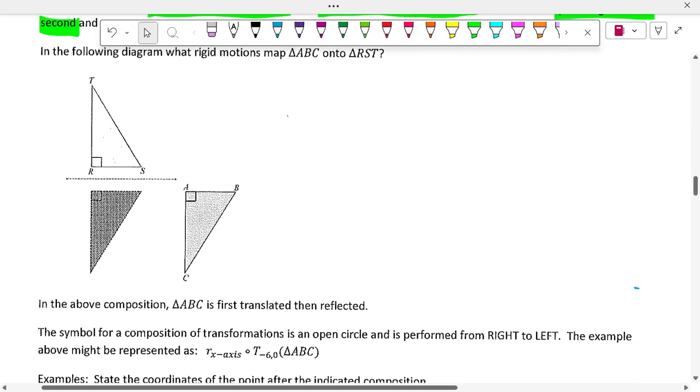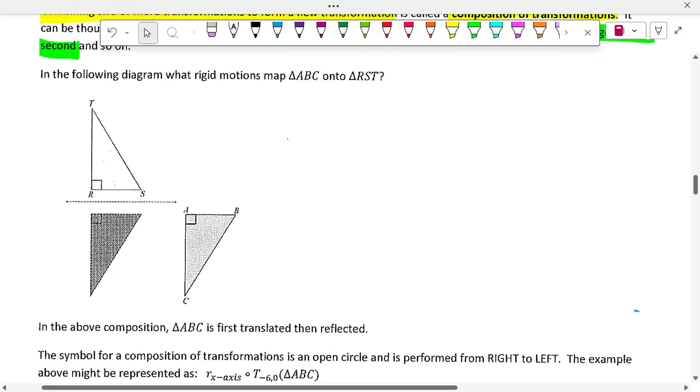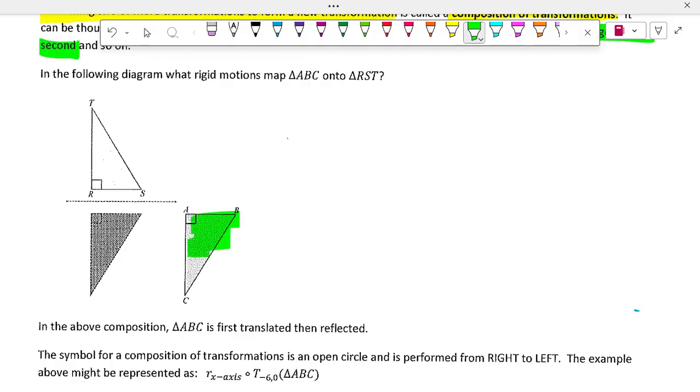So in the following diagram, what rigid motions map A, B, C onto RST? So if I started here, and I don't want specifics, but if I start at the green, how would I get to the white triangle? What do you think I would have to do? Move it left.